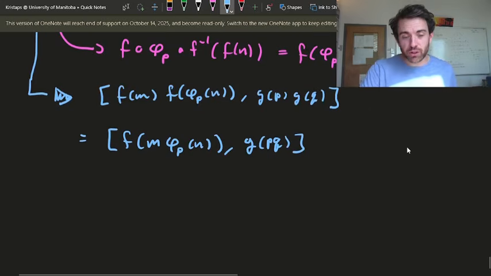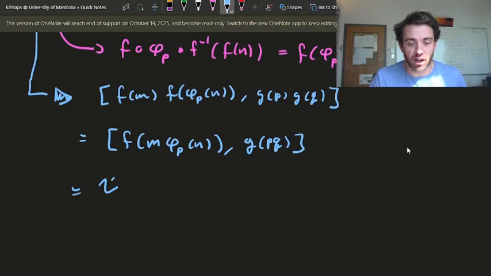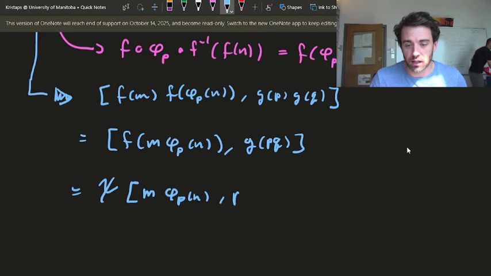But wouldn't you know it, this is exactly psi applied to m, phi p n, and pq.